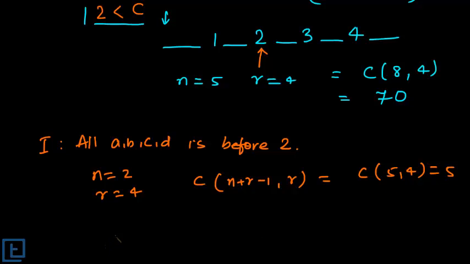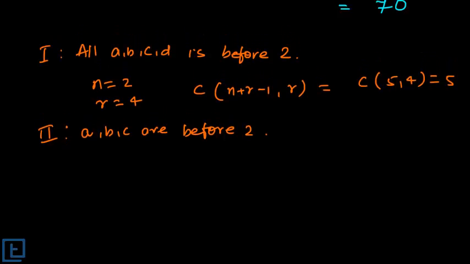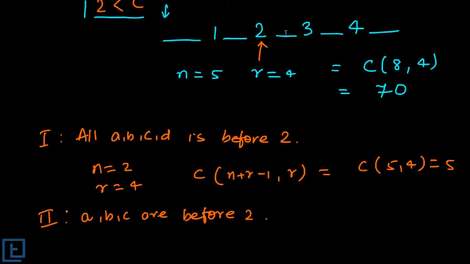Okay, now the second violating condition is, let's assume that this D from ABCD is after 2 but ABC is before this 2. Okay, let's write it down. So in this case where ABC are before 2, from these two types of places we have to choose three.